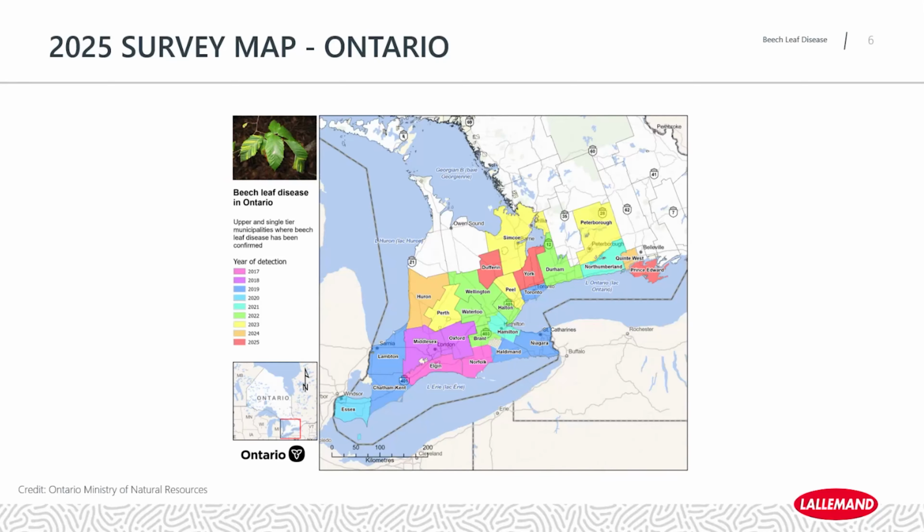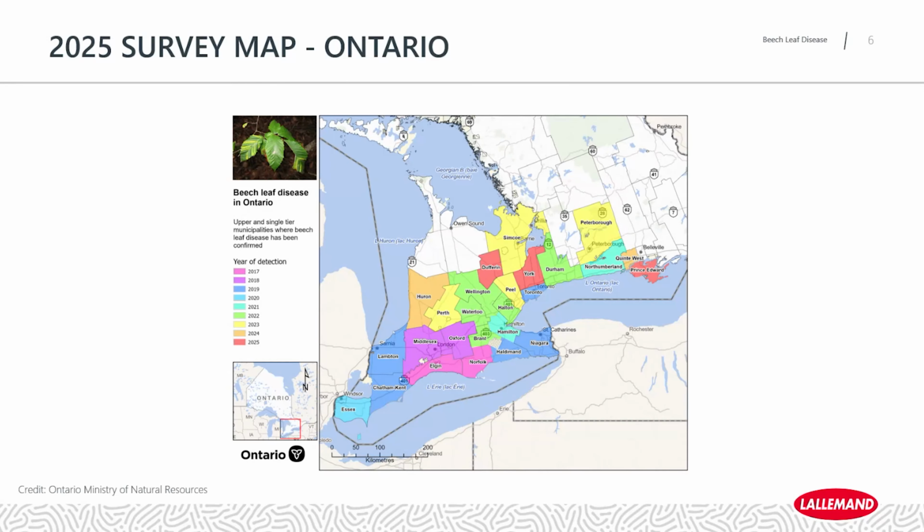And so in this map in particular, in case it's too small for you to see, the new finds, or the 2025 finds, are colored in red. And so as of 2025, a total of 26 municipalities had confirmed cases of beech leaf disease.